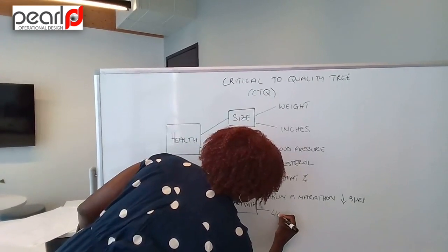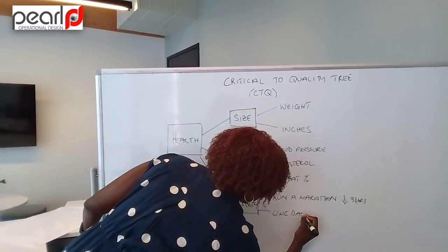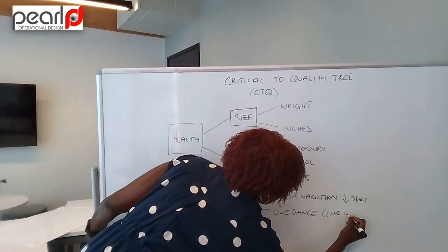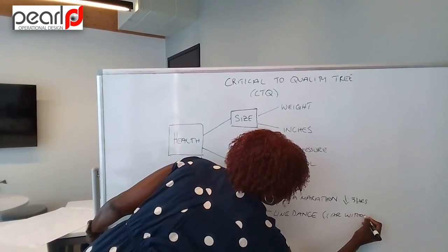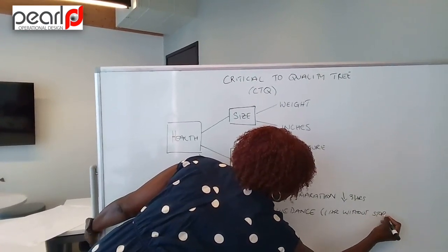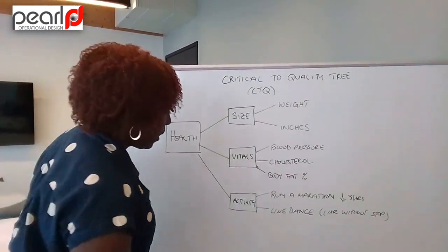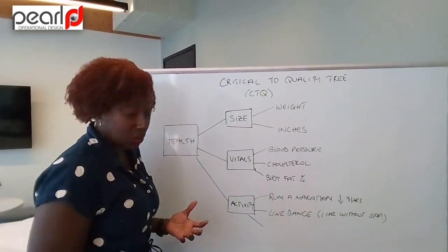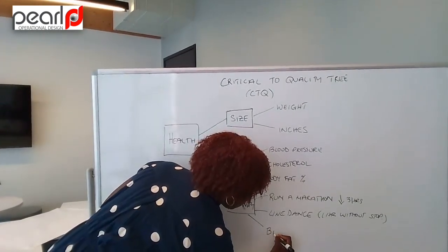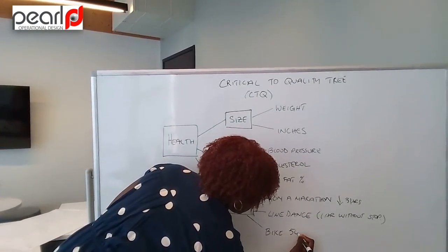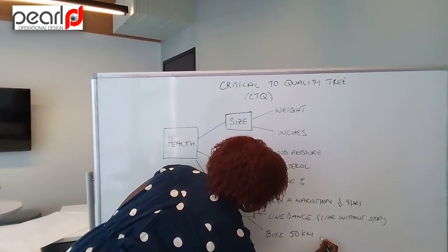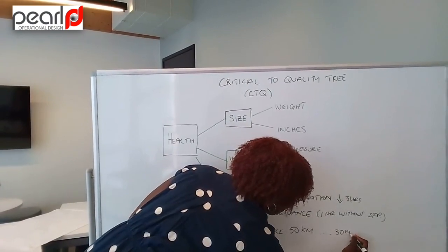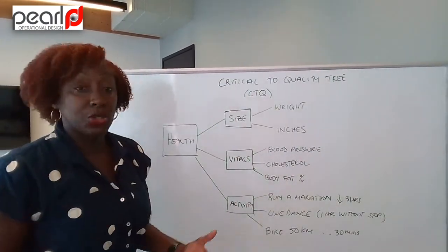You want to be able to line dance for 1 hour without stopping. Right? Maybe you're biking, so you want to bike 50 kilometers in, let's say, 30 minutes. I'm not sure. Maybe you're doing it today.